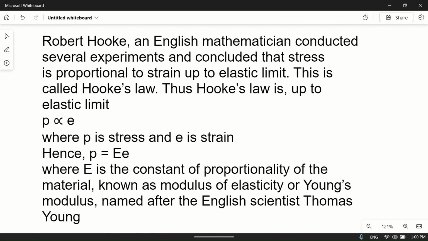Now another important thing is Hooke's law. As you can read here, Robert Hooke, an English mathematician, conducted several experiments and concluded that stress is proportional to strain up to the elastic limit.